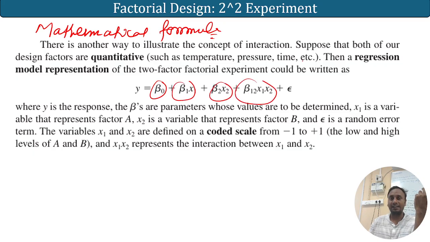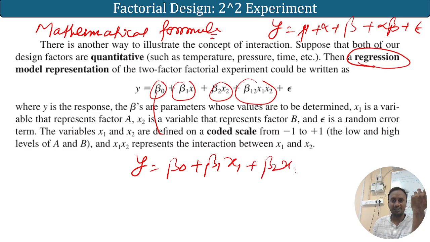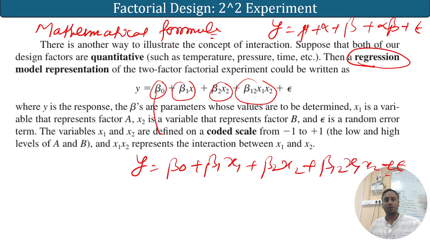Earlier it was mu plus alpha plus beta plus alpha beta plus error. But here we have a regression line, so the only thing that changes is y equals beta naught plus beta 1 x1 plus beta 2 x2 plus beta 12 x1 x2 plus error.